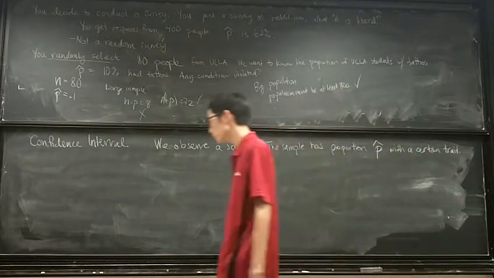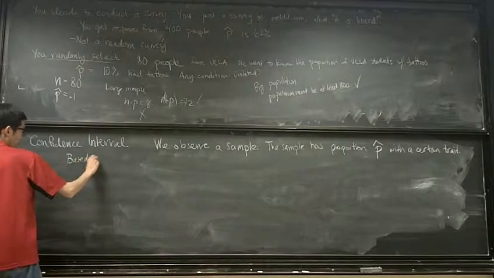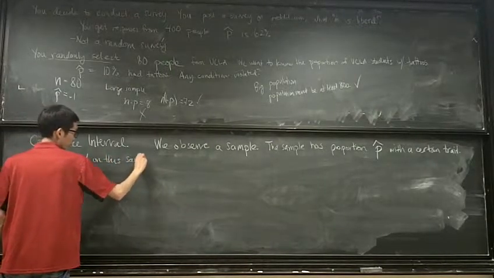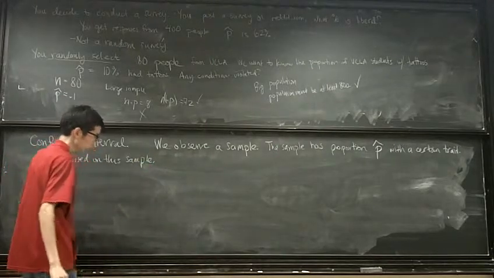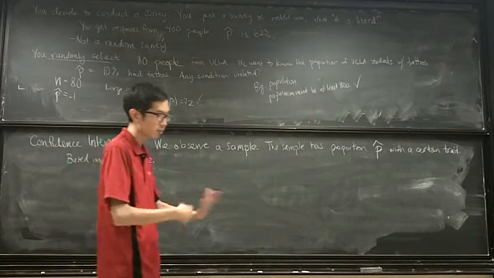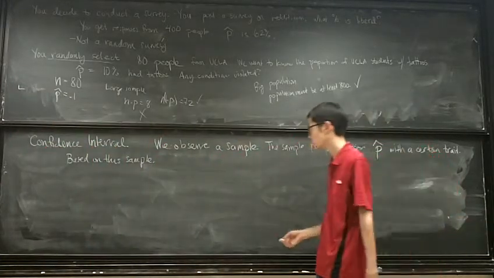Based on this sample, we're creating a range of plausible values of p, the population parameter.